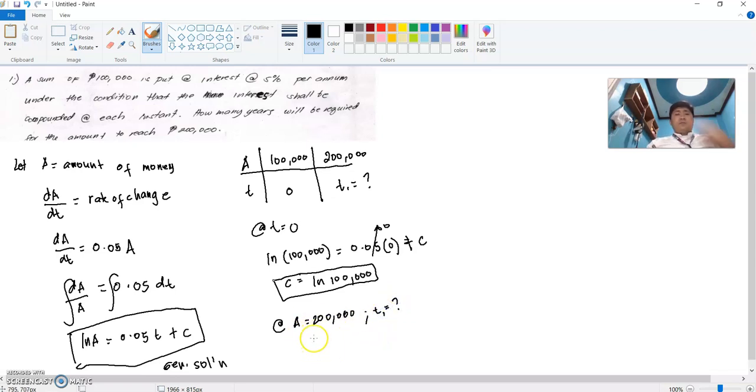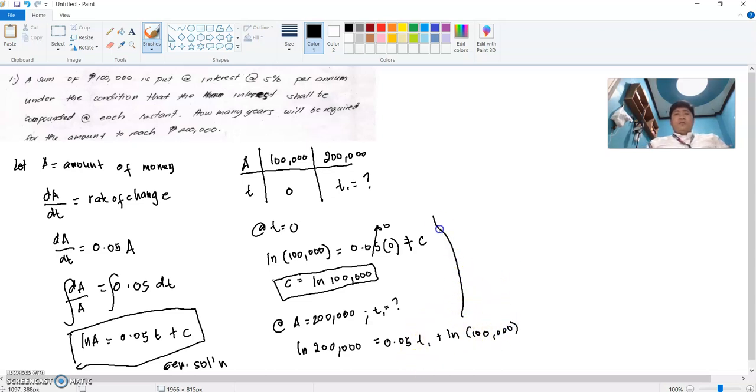So our formula is ln of the amount of money at this time, which is already 200,000, equals 0.05 times t sub 1, plus c, which is ln 100,000.